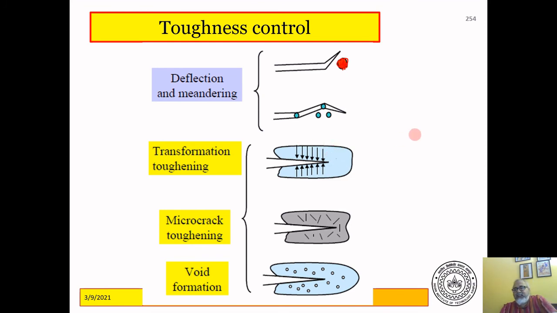What is done in this case is, instead of using just inert particles, you have particles in the matrix which undergo stress-induced phase transformations. And these stress-induced phase transformations are such that the transformed phase will have slightly higher volume than the untransformed phase.